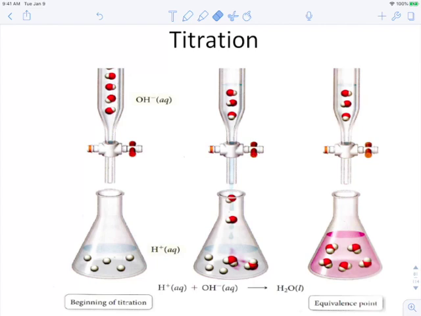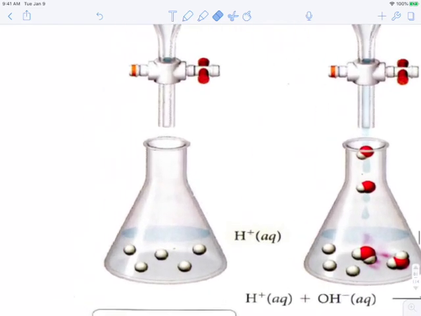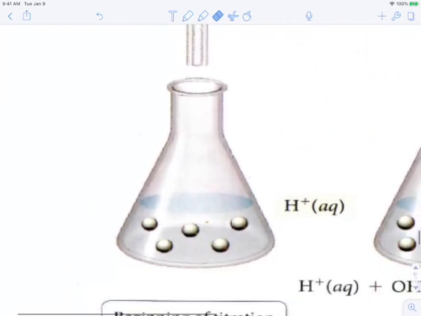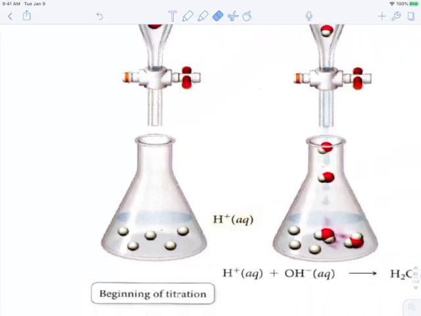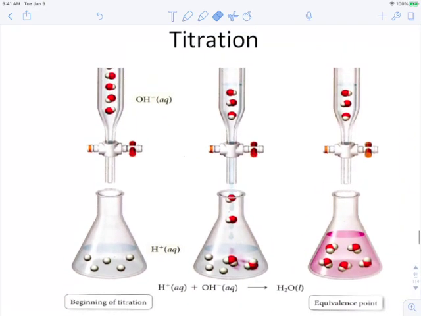So what you see here is in the first image, this one right here, we have an acidic solution in our flask, and in the burette, which is holding the solution up at the top. So this is our burette right here, which I'm not very good at coloring in the lines, but that's your burette. It is traditional for the burette to contain the base, although it doesn't have to.